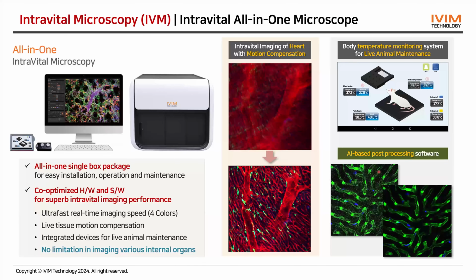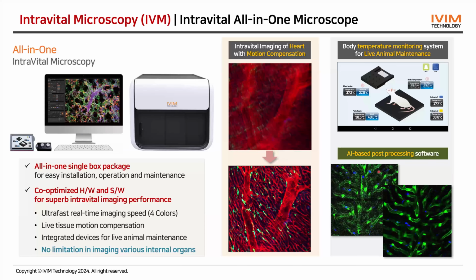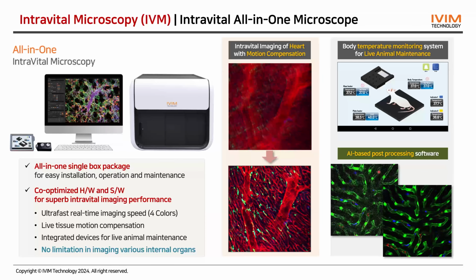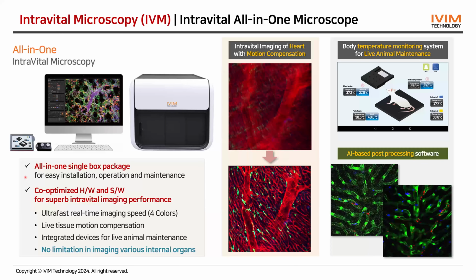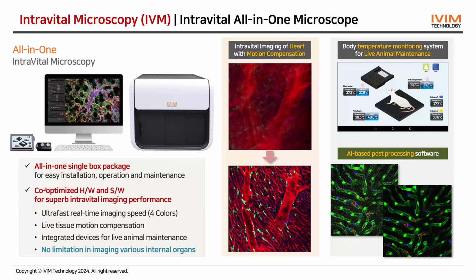IVM is the world's leading company providing a new all-in-one system with the best intravital imaging performance. This all-in-one single box package enables easy installation, operation, and maintenance. It also has co-optimized hardware and software for superb intravital imaging performance, with an ultra-fast polygon scanner, temperature monitoring system, and motion compensation and AI denoising software.